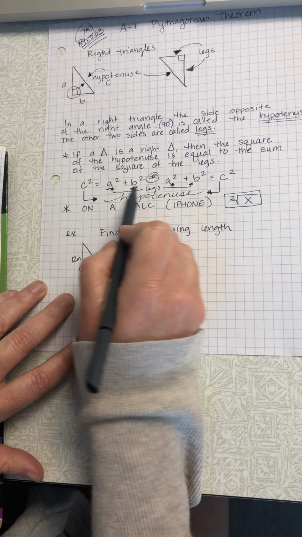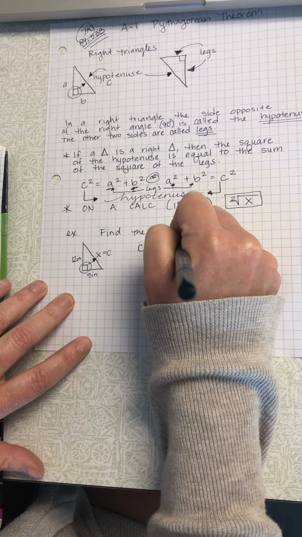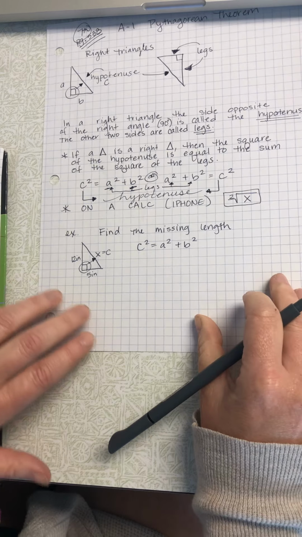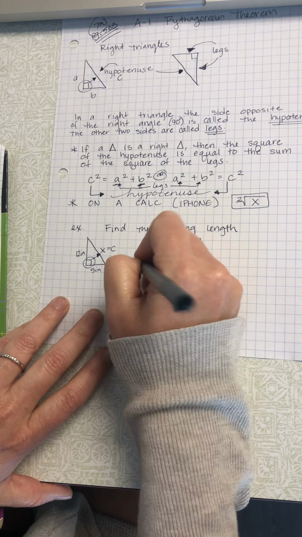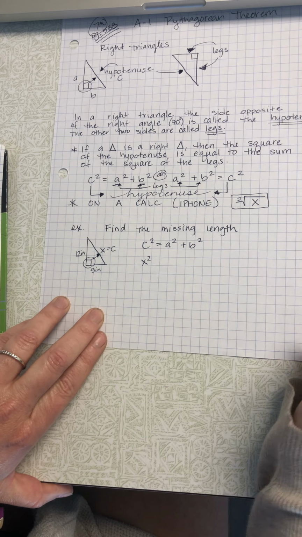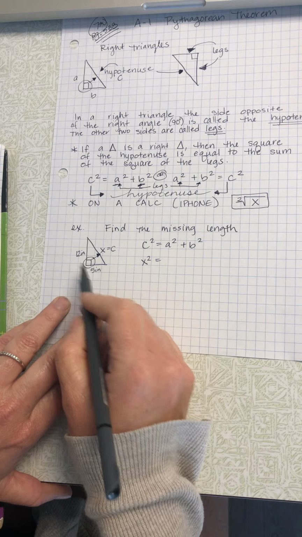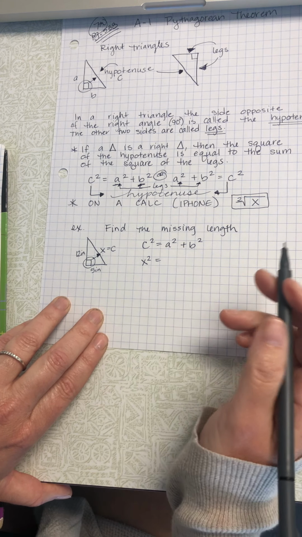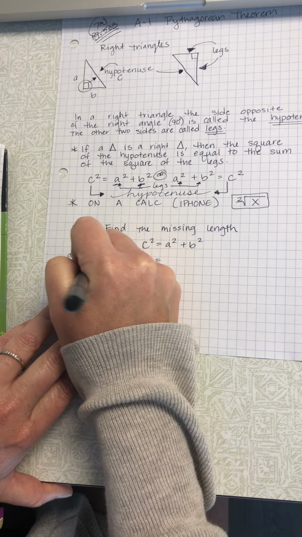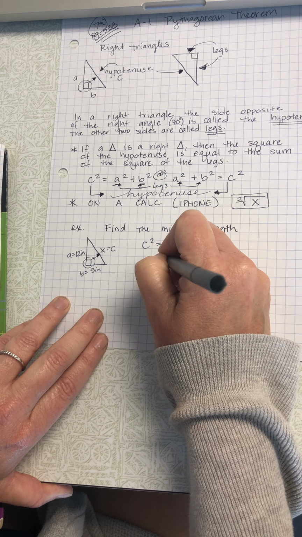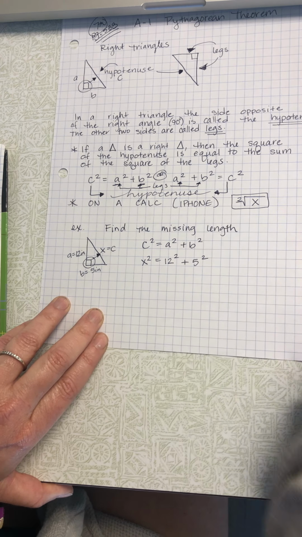So if I start with this first formula, c squared equals a squared plus b squared, and substitute in the information from this first example, the c I don't know, so I'm going to put x squared. And then the a, it doesn't matter which one I pick because they both just are legs. So I'll say a is 12 and I'll say b is 5. So 12 squared plus 5 squared.